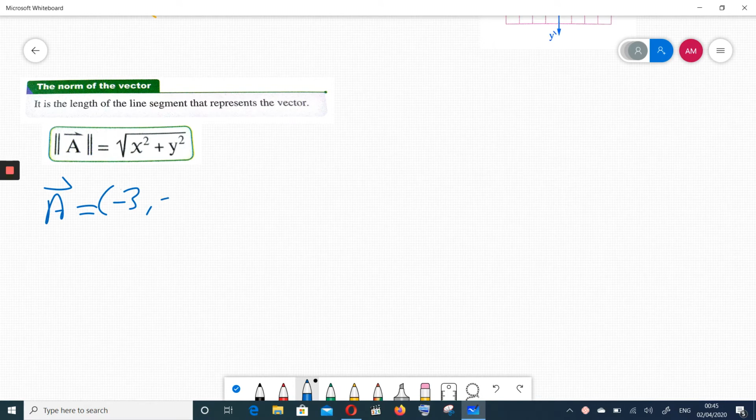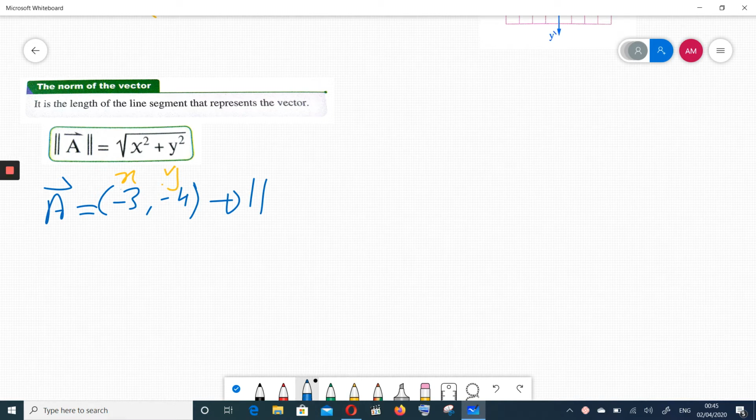Take the vector (-3, -4). What about now finding the norm of this vector? By the way, this is the value of x and this is the value of y.